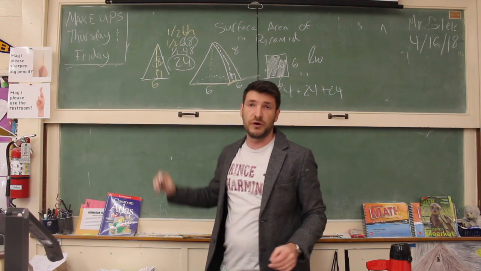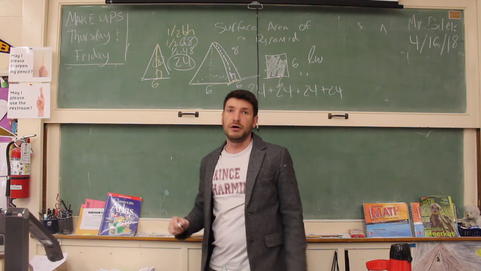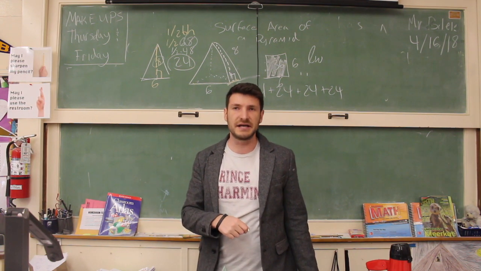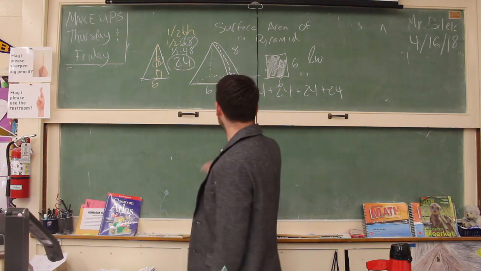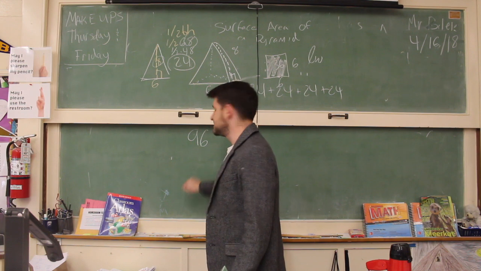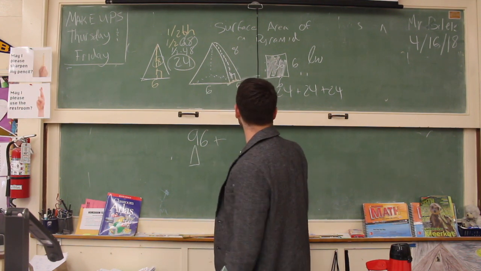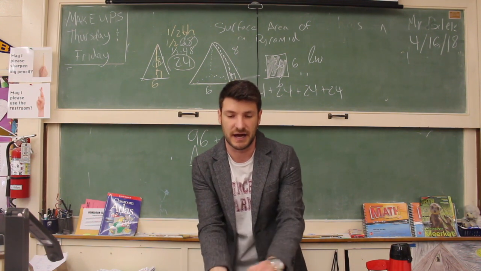If you do 24 times 4, the folks at home that are playing along will find out that it does equal 96. So you take my 96, that's the surface area for all 4 of my triangles. You add that to my square bottom of 36. Can't forget that guy.